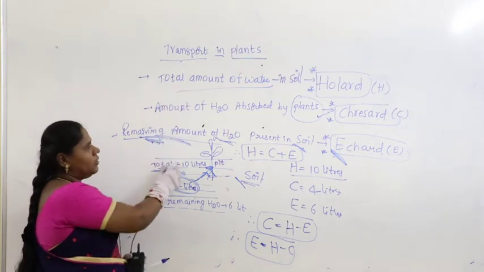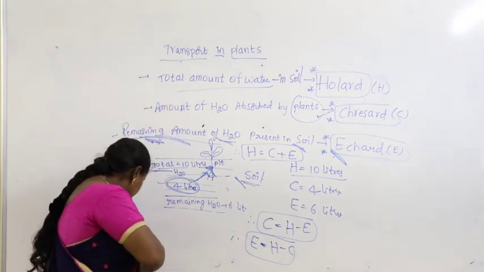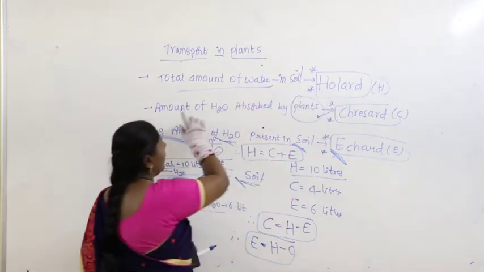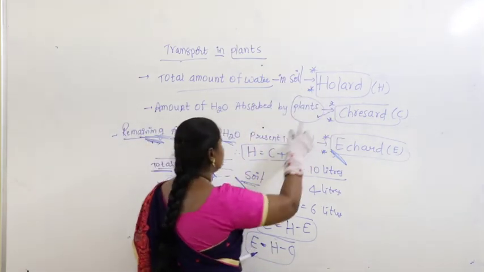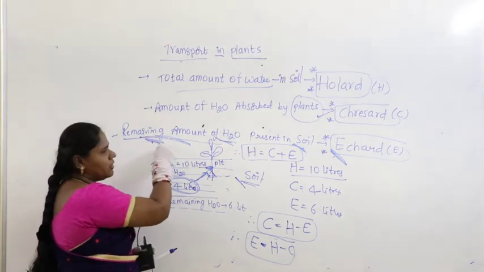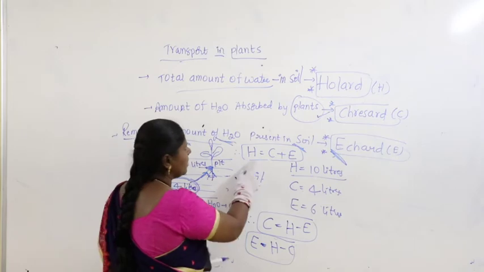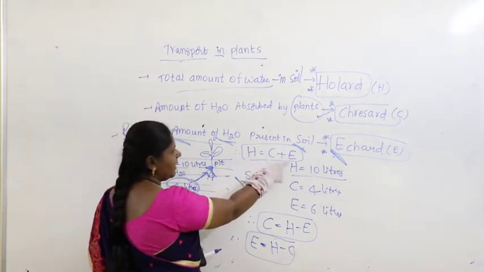Once again, the total amount of water present in the soil is called holard. The amount of water absorbed by the plant is crescent, and the water left out in the soil is called Icard. So holard is equal to crescent plus Icard.